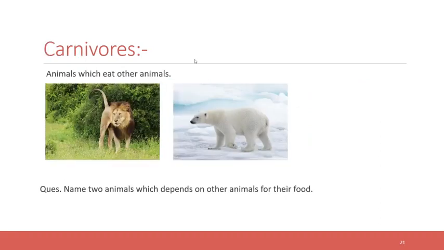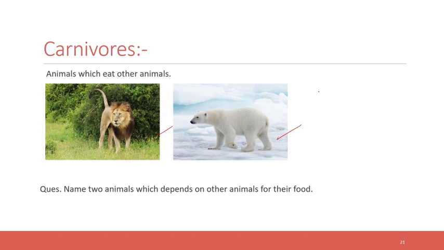Okay. Now, let's move to the next category, which is carnivores. Tell me, have you ever seen a lion, a tiger, a polar bear ever eating grass? No, right? So these animals depend on other animals for their food.